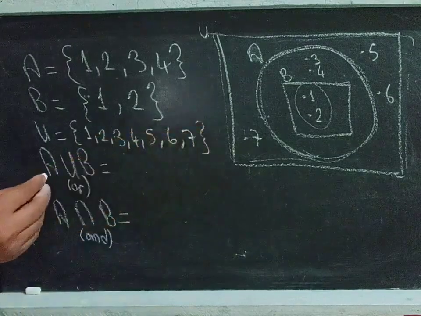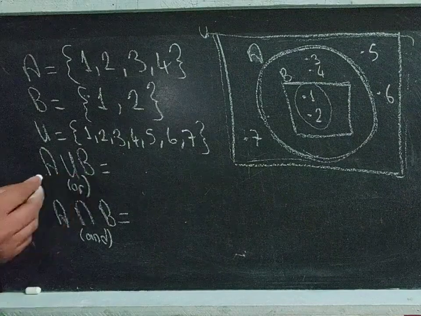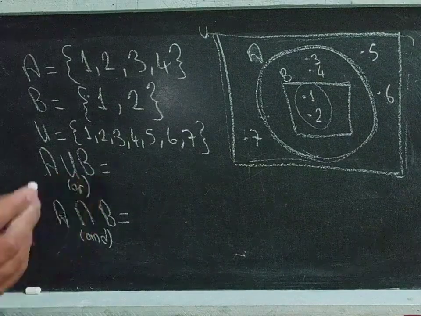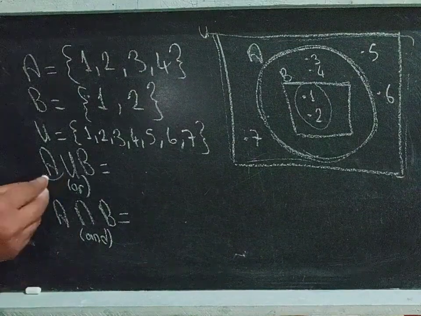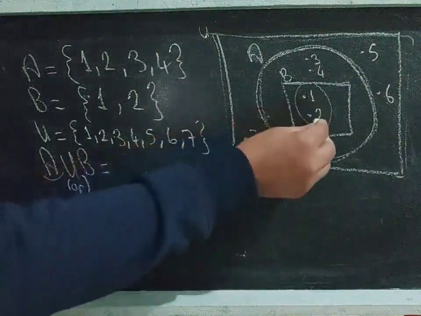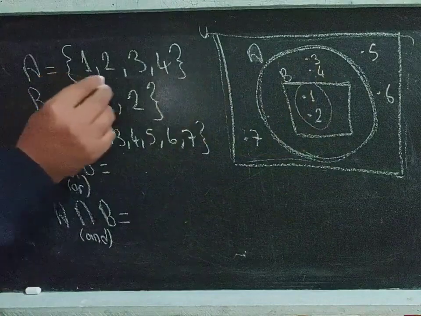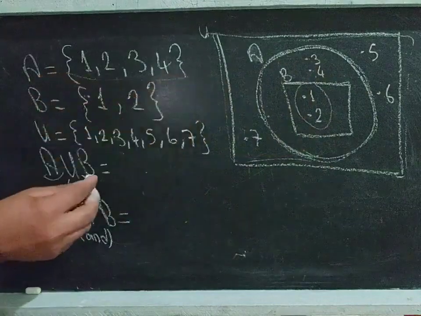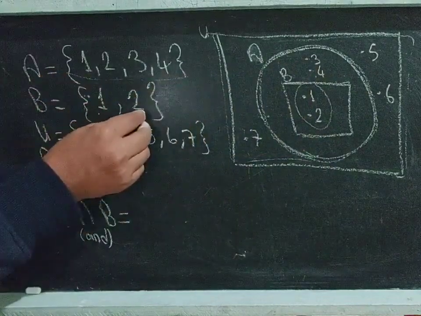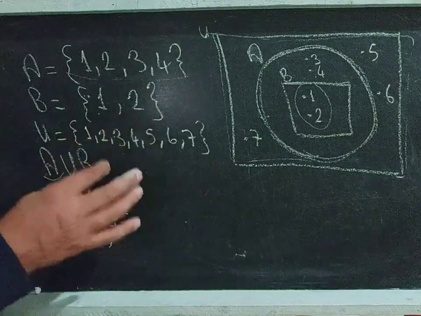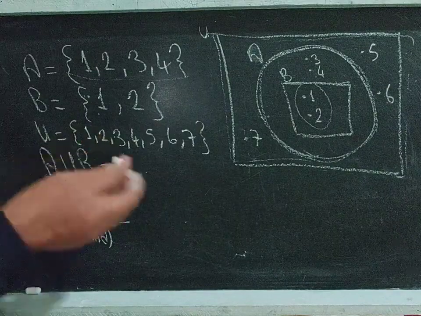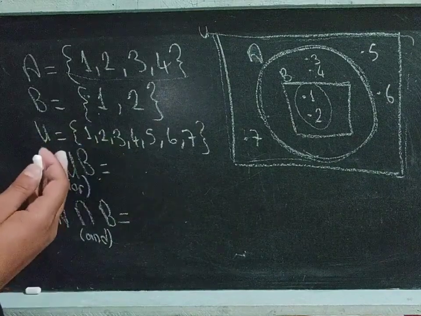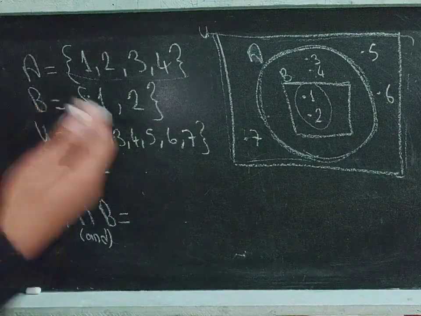So A union B, in other words A or B. Elements of A will be 1, 2, 3, 4, or elements of B, 1, 2. You will write all the elements under A or B, add them up. That means combine them.